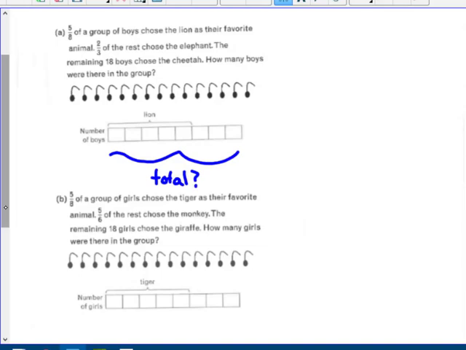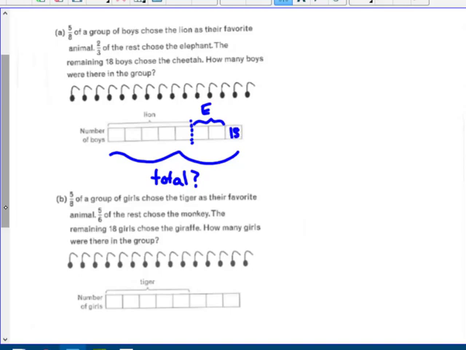5/8. So you can see that there are 8 bars drawn here altogether. 5 of them are labeled with the lion. 2/3, well, there's only 3 of them left. 1, 2, 3. So 2/3 of them chose the elephant. So I'm just going to put a big E here for elephant. The remaining 18 boys chose the cheetah.